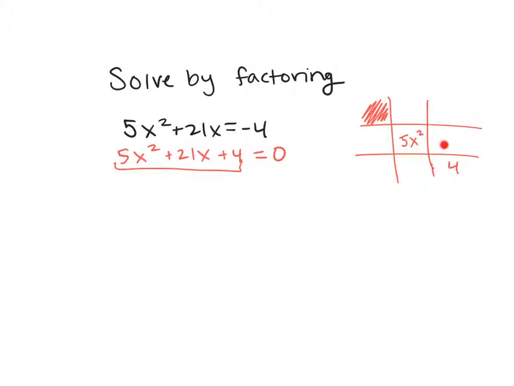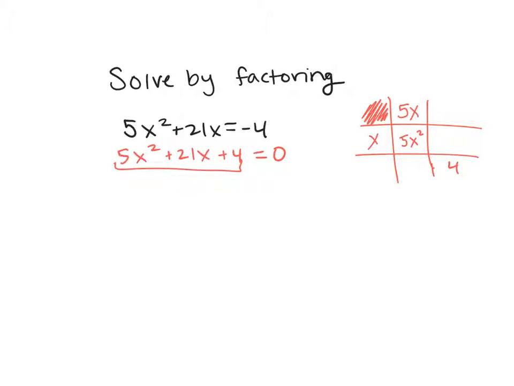The resulting numbers here and here will have to add to give us our B term, so that will have to add to give us 21x. Because 5 is prime, the only option we have as far as multiplying to get 5x squared is a 5x and an x.